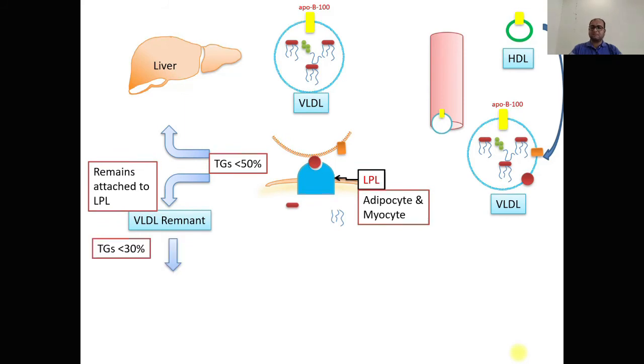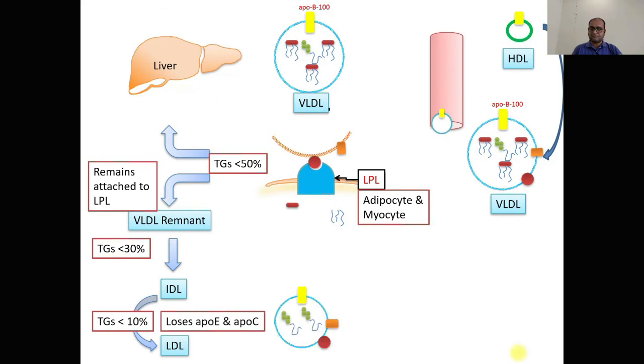Now this VLDL remnant again gets reduced, and when it has less than 30% triglyceride, it is considered an LDL, which has a very low amount of triglycerides, and can go into further metabolism where it gets converted into LDL.